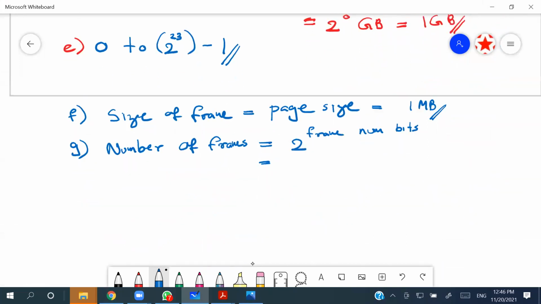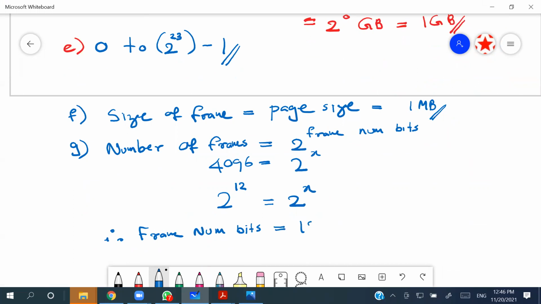So 4096 is equals to, let's say, 2 to the power x. 4096 means 2 to the power 12, right? Yes. And this equals to the power x. So we are going to say, therefore, frame number bits equals 12.